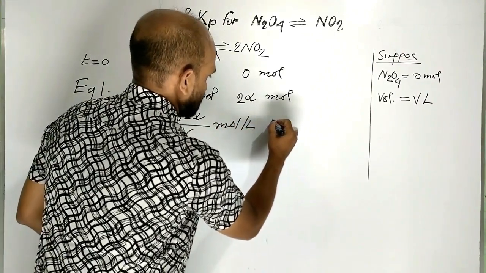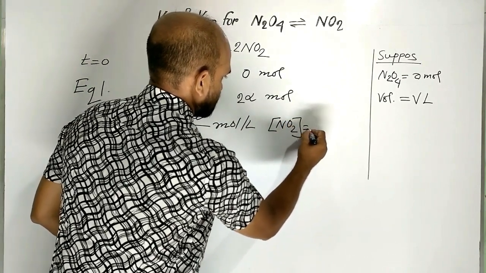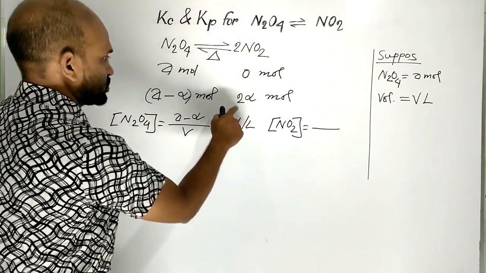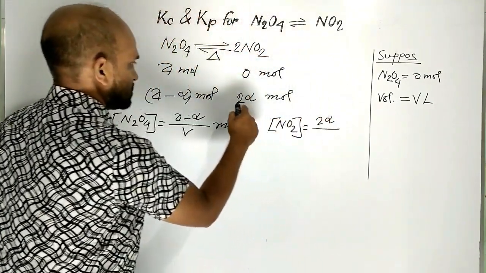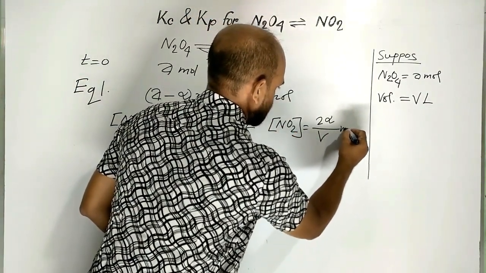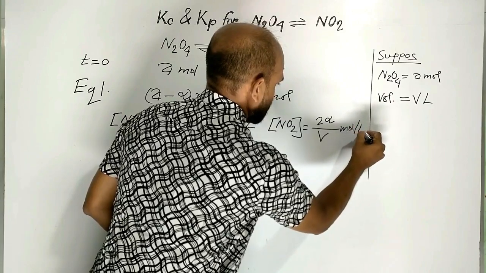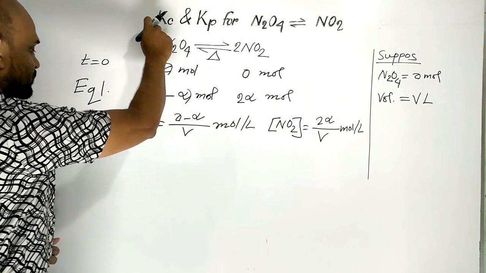Then the concentration of nitrogen dioxide: number of moles of nitrogen dioxide, twice alpha, divided by the volume of the reaction flask, V, mole per liter.